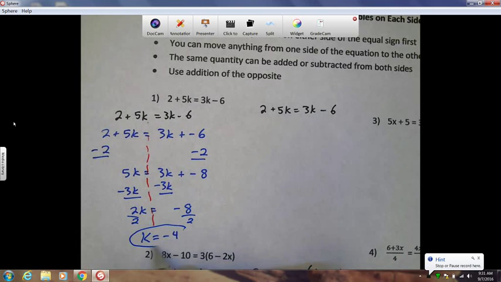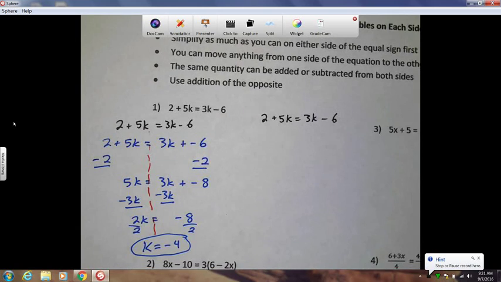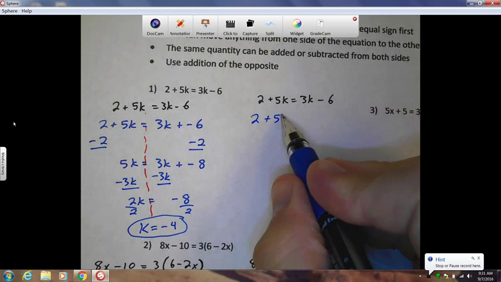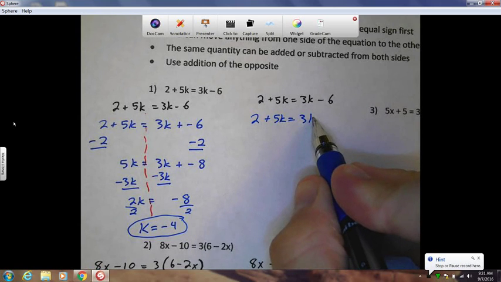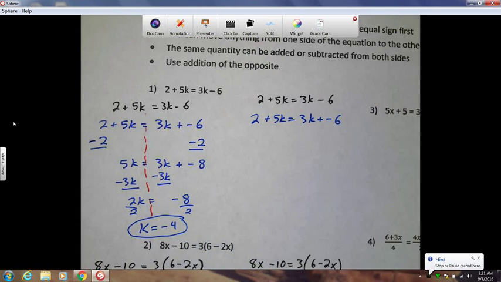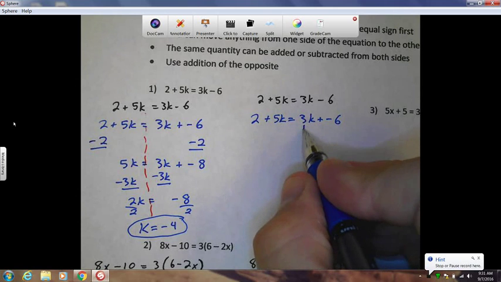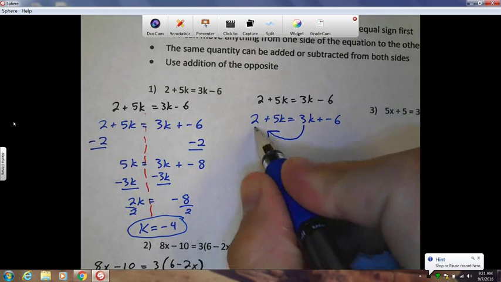Okay, let me show you another way to do it. It's the same thing. You can move things from one side of the equal sign to the other just by changing the sign. So, first thing, I want to move this over here, and I want to move this over here.